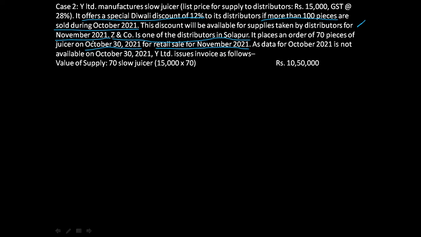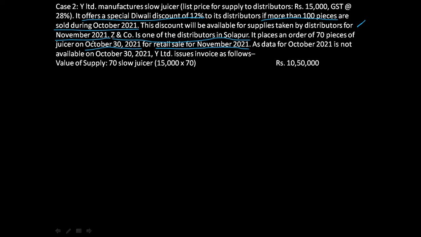That means if the distributors are planning to sell the products for November, then they can avail this offer. So now look at Z and Company. They are purchasing on October 30th, but for when? For sale in November. That means this condition is satisfied by Z and Company, so they can avail the offer if they meet that 100 pieces or more condition.